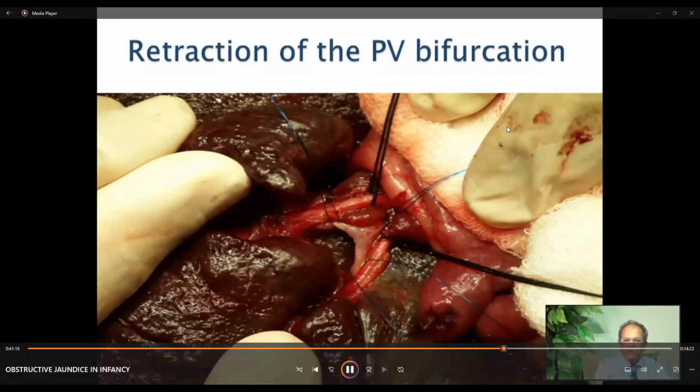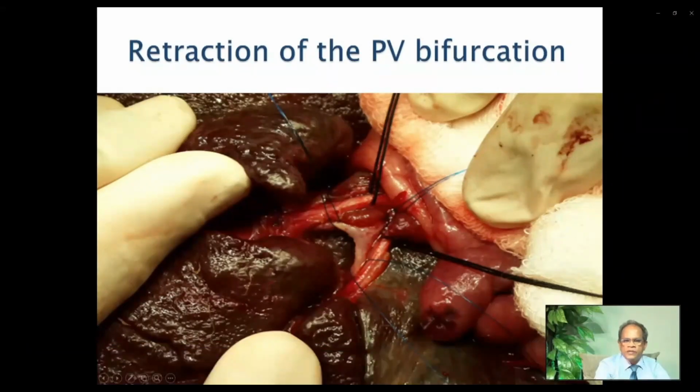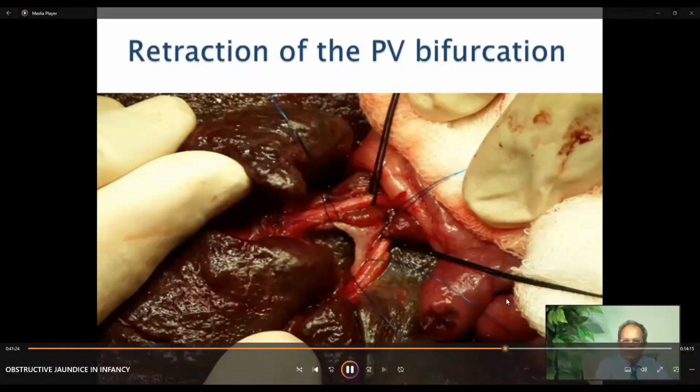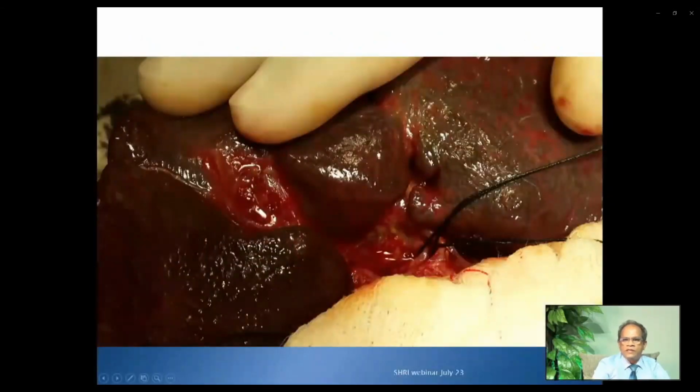So you have to isolate them, dissect them up to their divisions, pull the portal vein down and then dissect the back of the porta hepatis. Unless you do that and bring your Roux loop here and then do a very wide portoenterostomy, they're not going to drain bile.